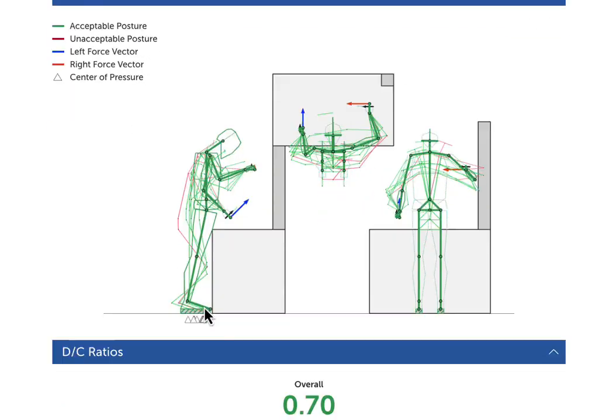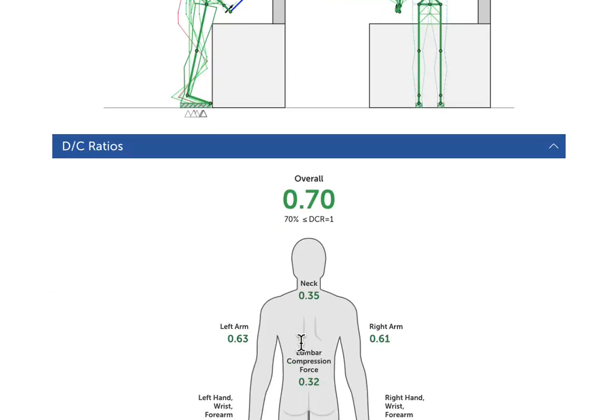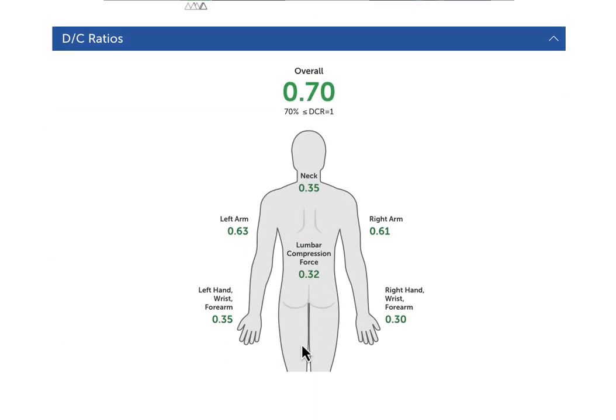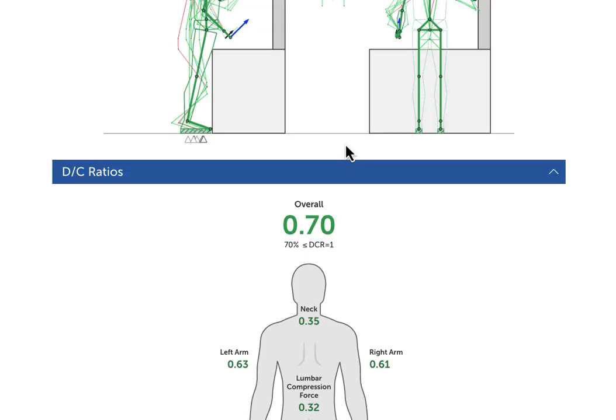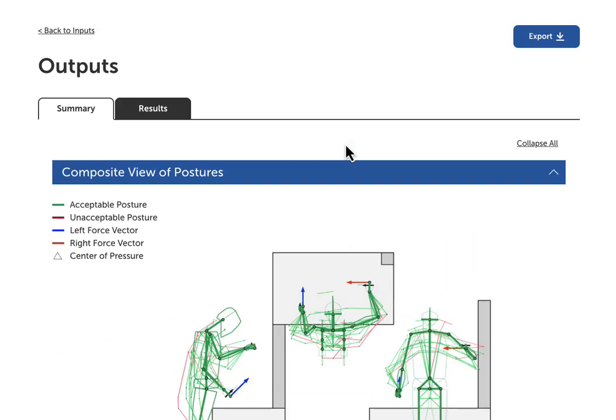It seems that because the overall risk score is 0.7, 70% of the postures had an overall DCR less than 1. And we set our threshold of having at least 25% of those to be considered acceptable. And there's lots of data that can be exported into a report, and I'll show you that in a second.